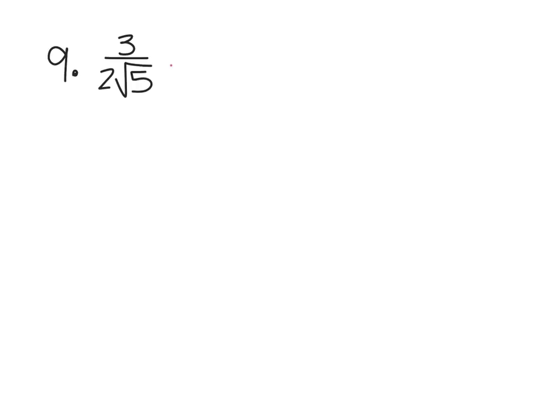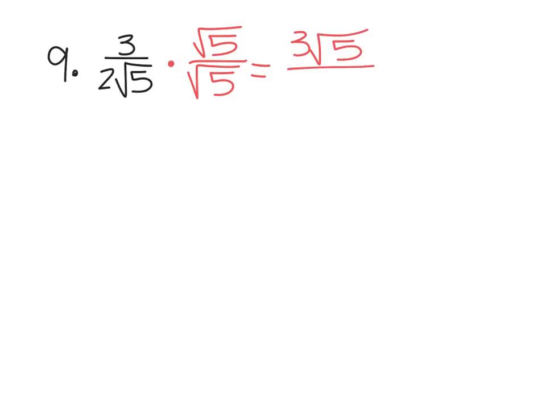So for this one, what we would need to do is multiply the top and the bottom by the square root of 5. Essentially, we're just multiplying it by a different form of 1 because square root of 5 over square root of 5 equals 1, and we could multiply anything by 1. So then we would just multiply straight across, and we get 3 times rad 5 over 2 times the square root of 25 because we multiply the radicands together.